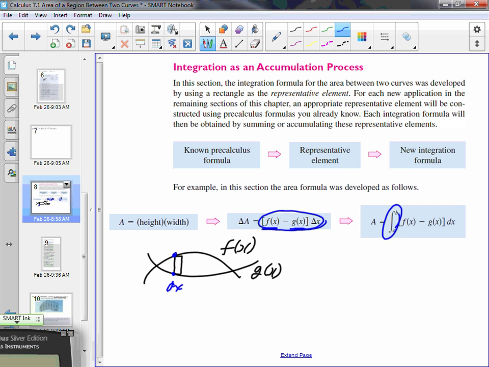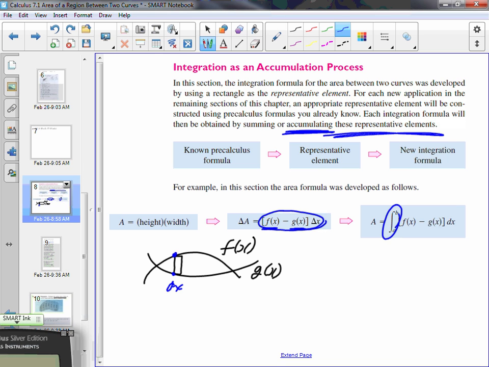Now, the integral sign is also telling you that you're adding them up and you're finding the limit of that as the number of them goes to infinity, but you're accumulating. You're accumulating these representative elements. The representative elements being rectangles. Okay?